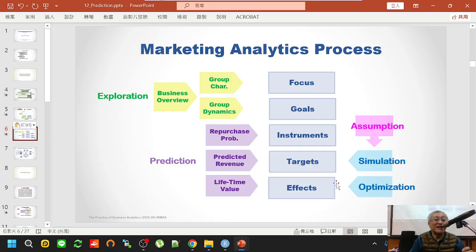As I told you, in the second half of the semester, we are doing basically this part of the action. First of all, we make a prediction. We have data, we make a model, and then we do prediction. In the case of marketing, we want to predict two things for each customer.